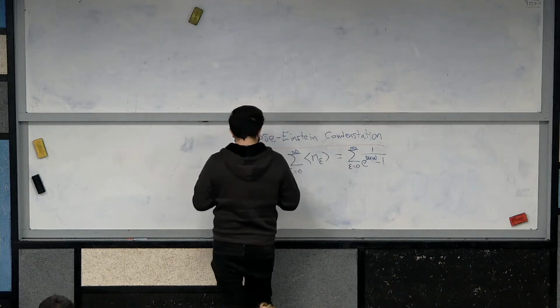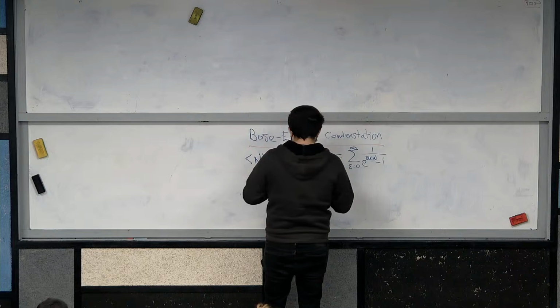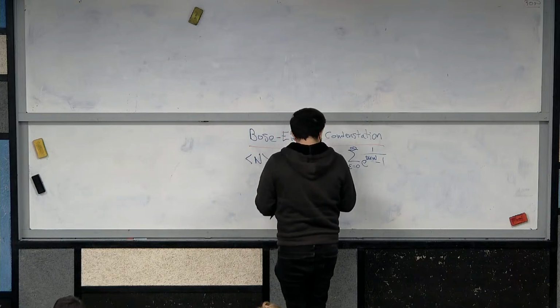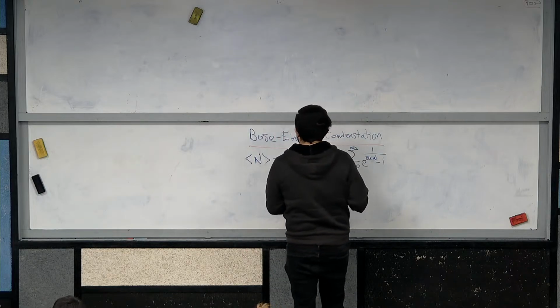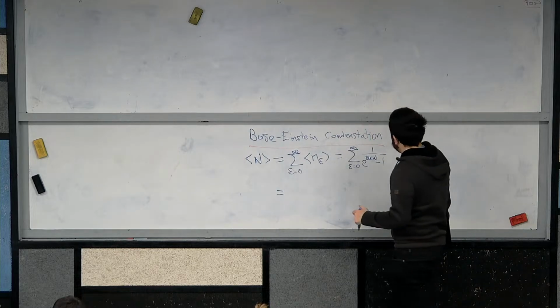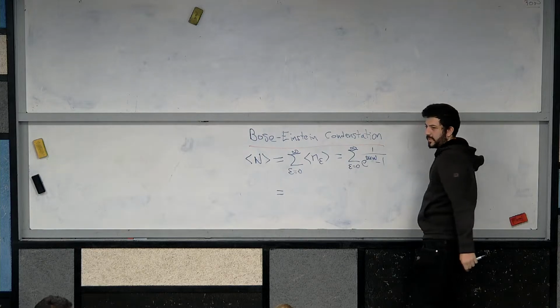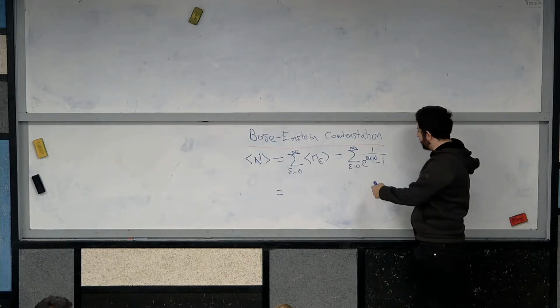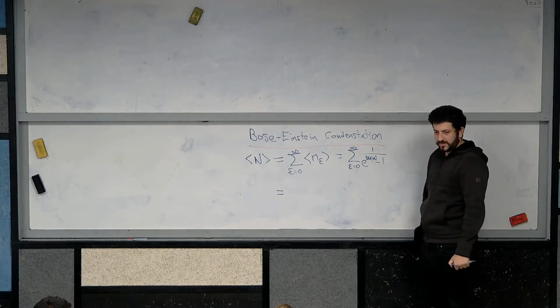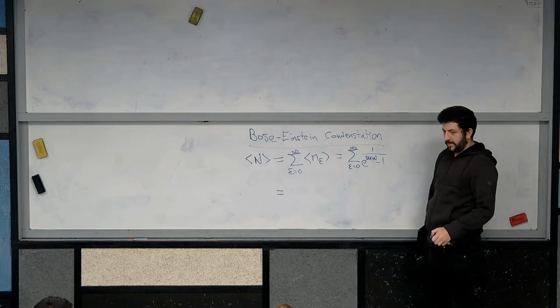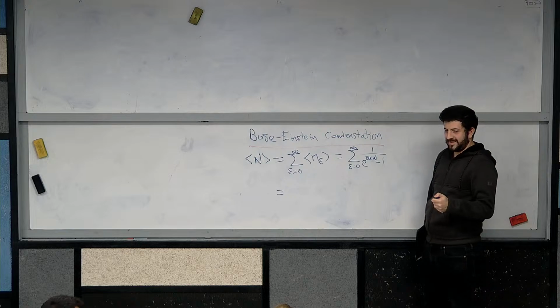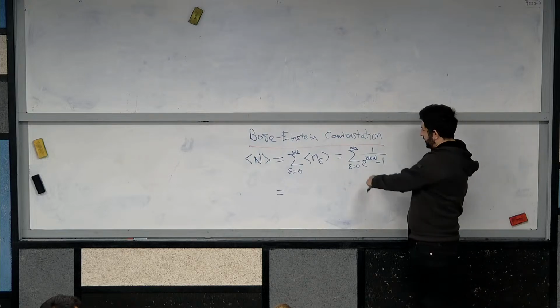Okay. And can you tell me when this sum becomes maximal? Like, what value of mu gives me the most contribution? It's when mu is 0.